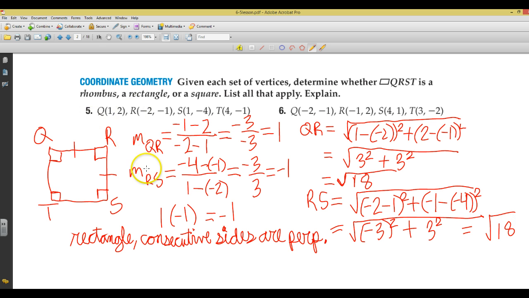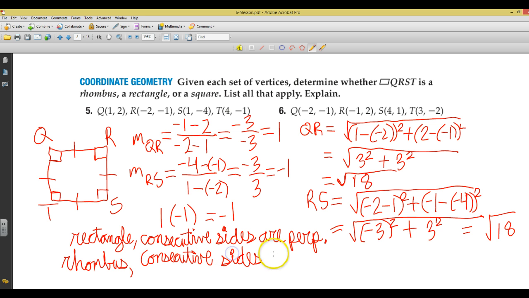We've shown that consecutive sides are congruent, which means that all 4 sides are congruent, which means that it is a rhombus. And since it is a rectangle and a rhombus, we have a theorem that states that it will be a square. So it is a rectangle, rhombus, and square.